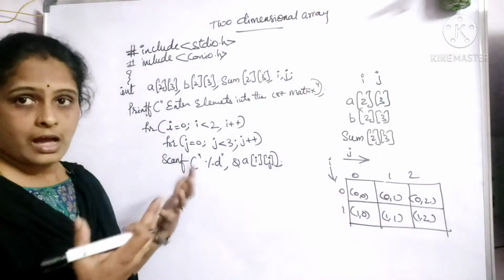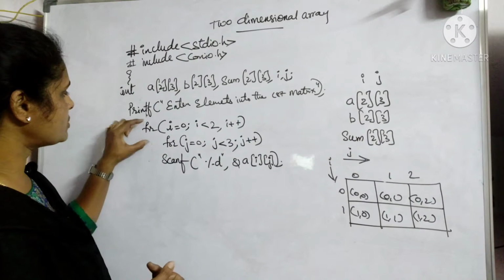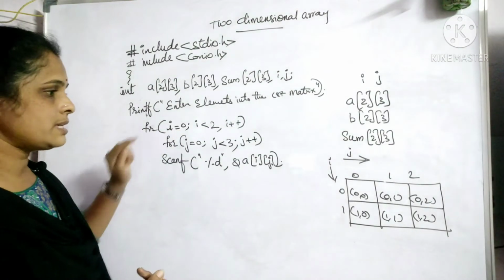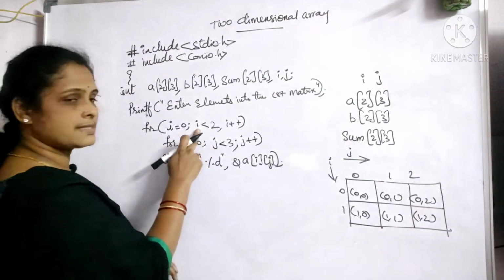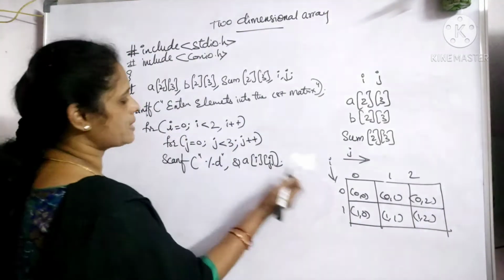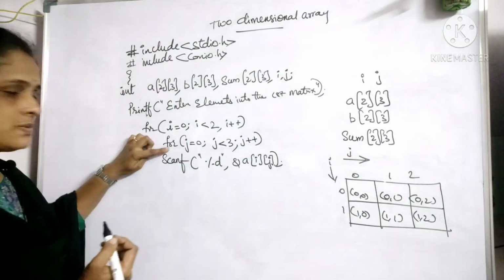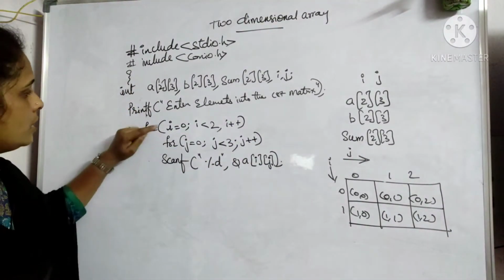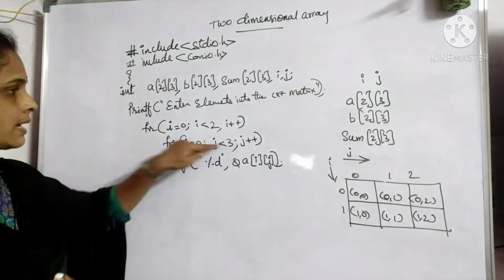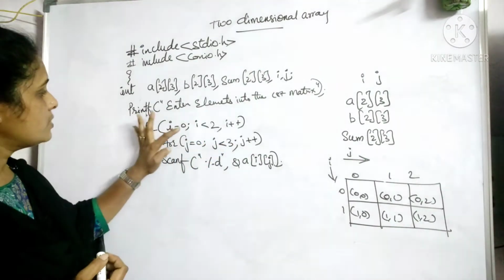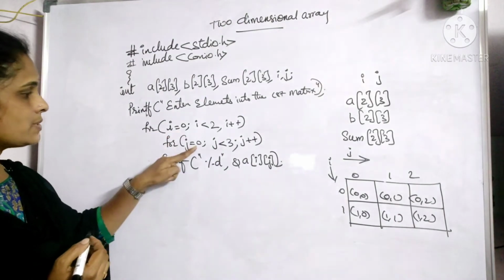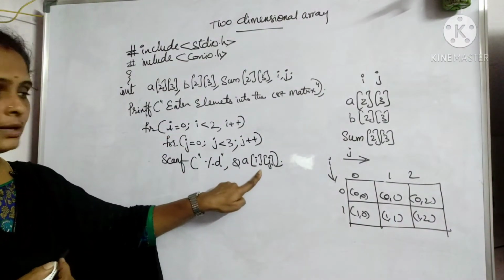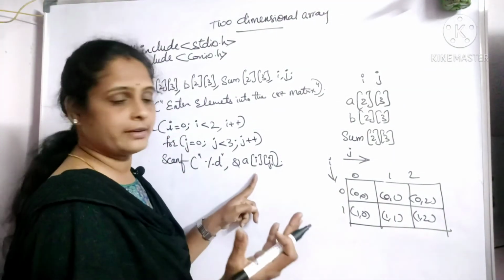Now let us see how it is working actually. If you see here, I is equal to 0 initially. Is 0 less than 2? Yes it is. So it will come into this one. J is equal to 0. Both of them are 0 and 0. The conditions are of course satisfied. So into the 0, 0th element you will be entering data.